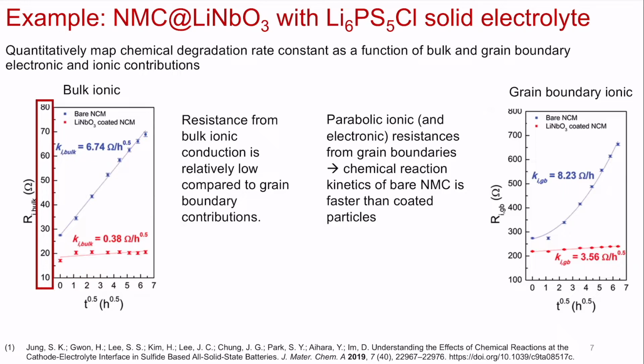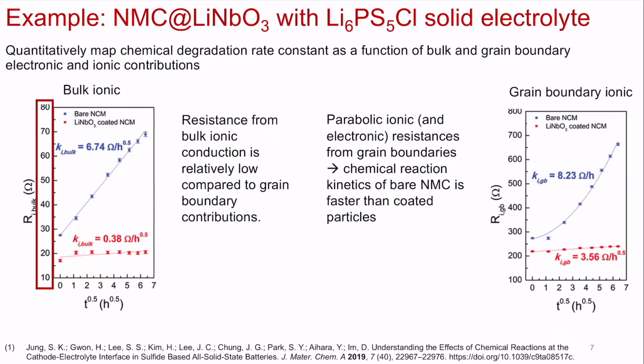So from the initial, just looking at the EIS, before you do any quantitative analysis, you can already have a sense of why you would need to coat bare NMC up against a argyrodite. Yes, Matt? So two things.